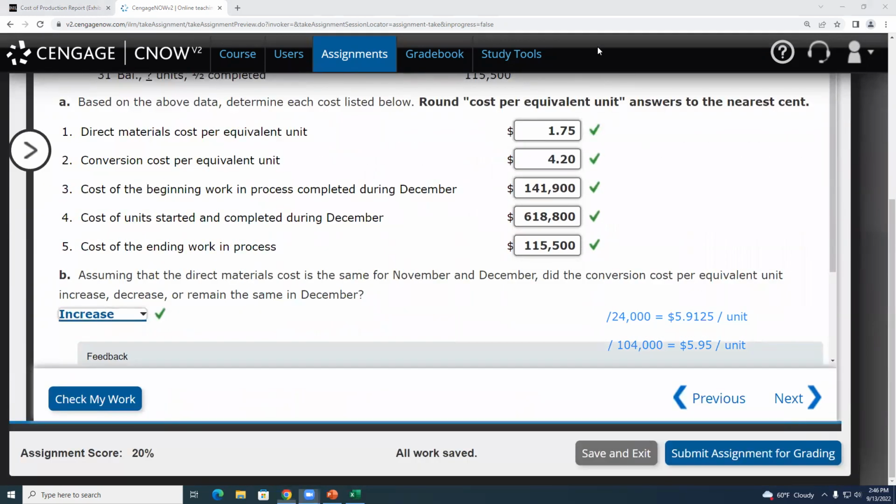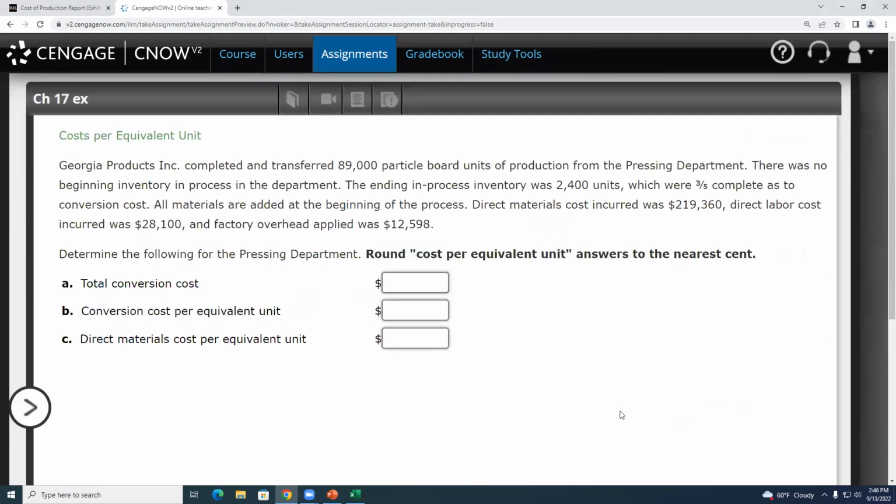Let's clear my drawings. And we'll keep going. Okay. Next exercise. Costs per equivalent unit. So we could take this information and plug it into the template.